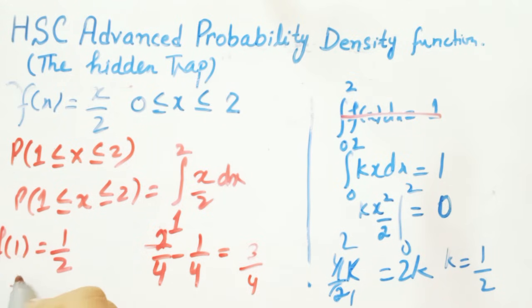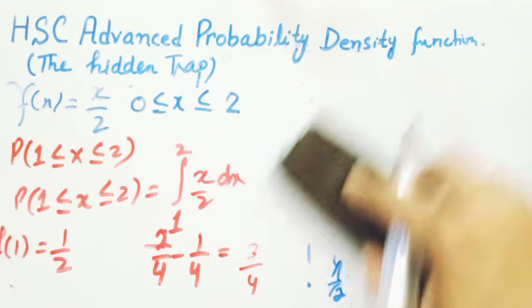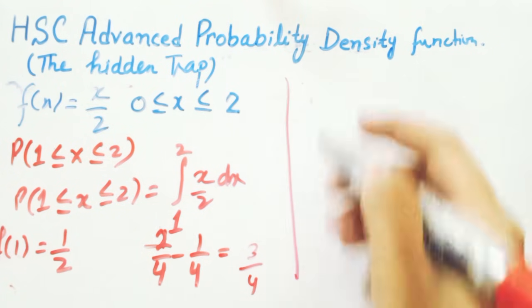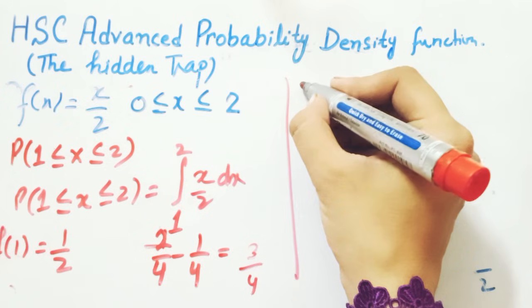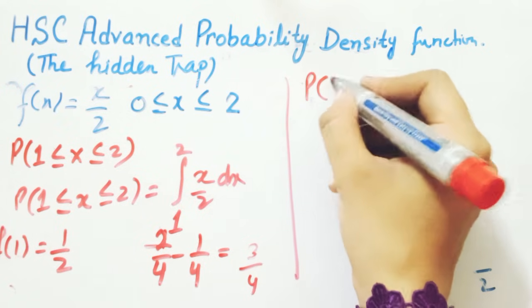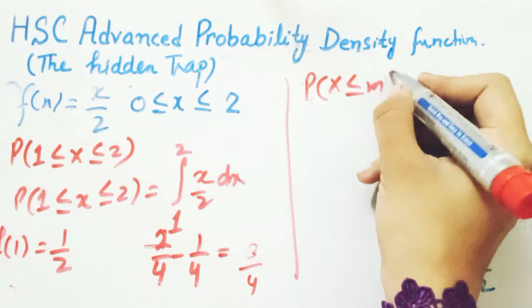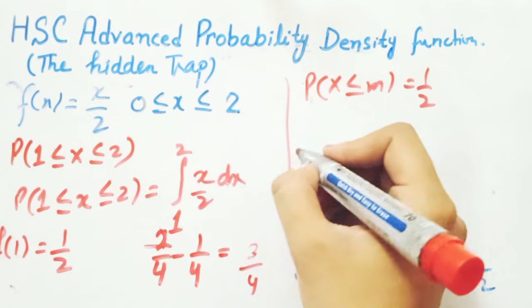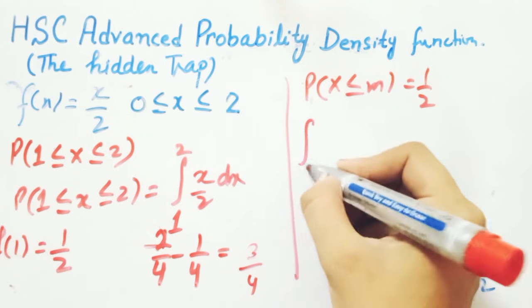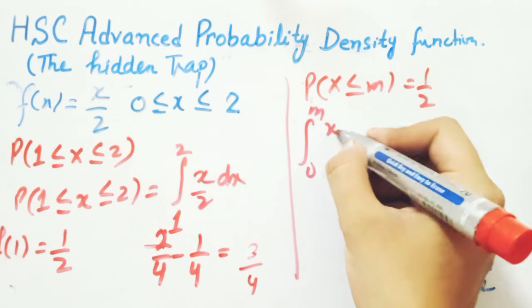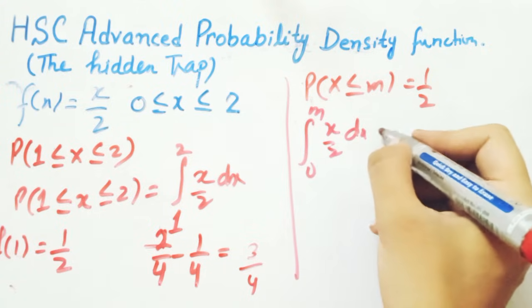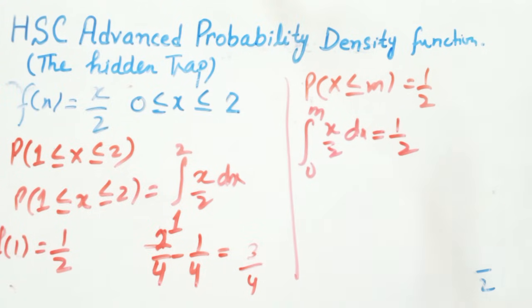We have the value of the probability right here equals 1 by 2. Integrate from 0 to m, x by 2 dx equals 1 by 2.